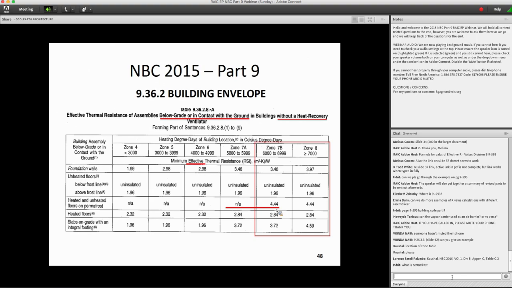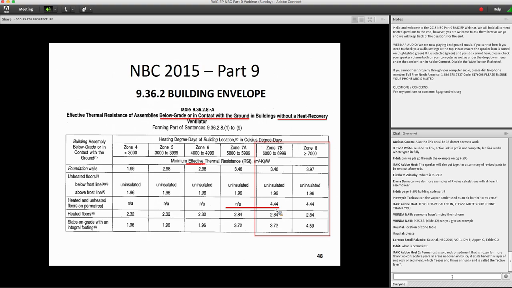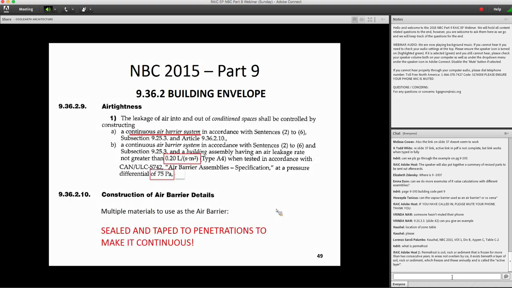With climate change, in certain areas of the country, we're having thaw of the permafrost, but that's another topic and not for this presentation. We're on time, very good.